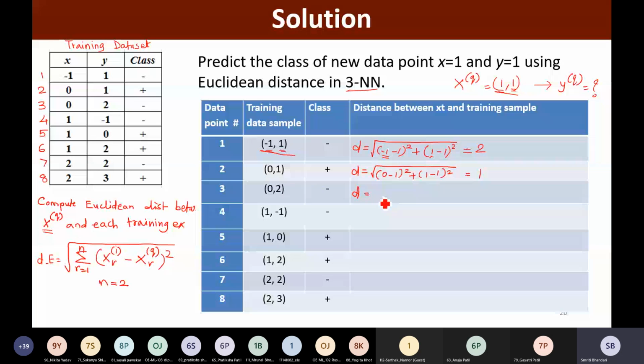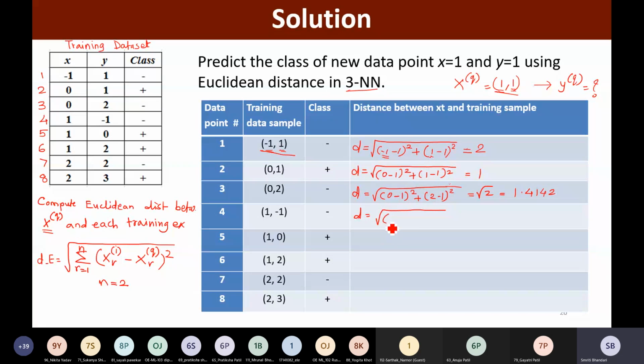D equal to square root of 0 minus 1 square plus 2 minus 1 square. So it is 1 square means 1 plus 1 square 1, so square root of 2. So it comes out to be 1.4142.